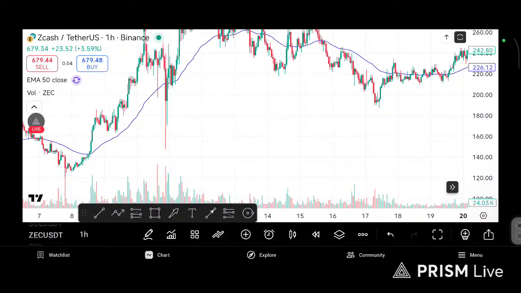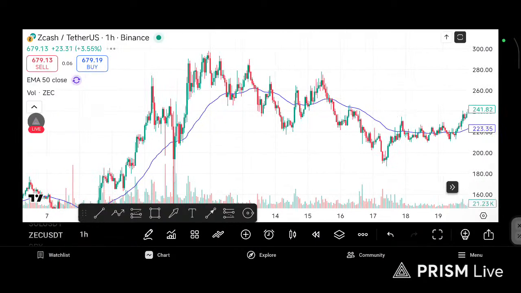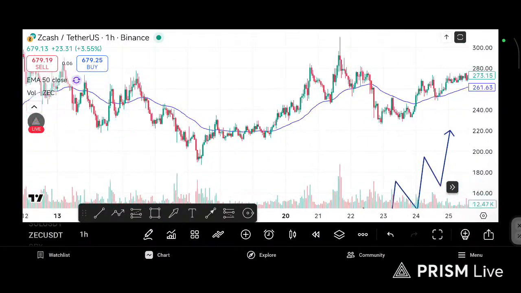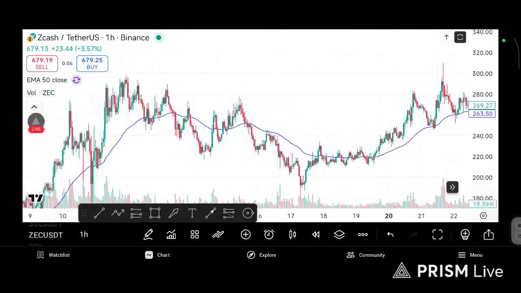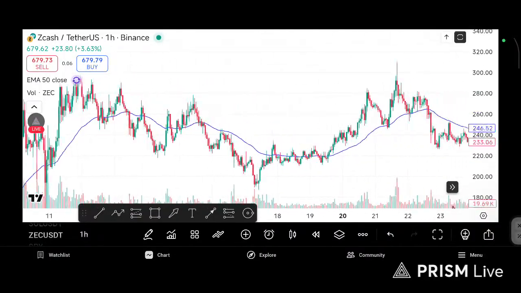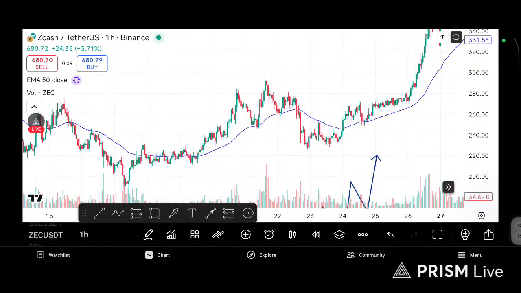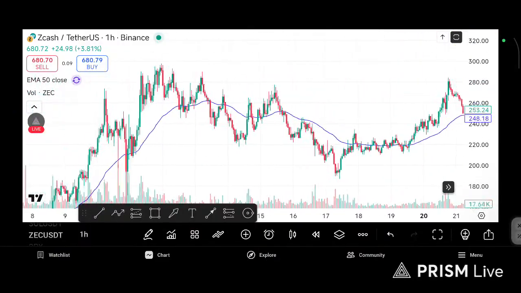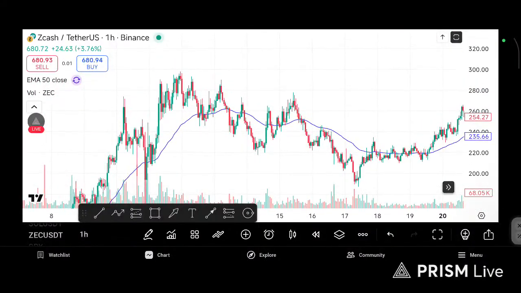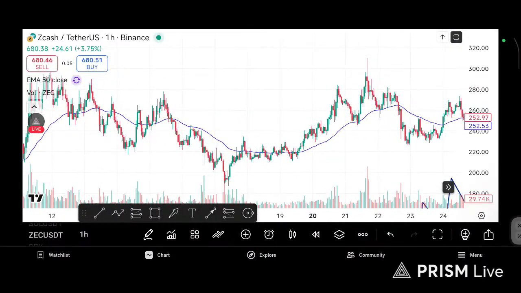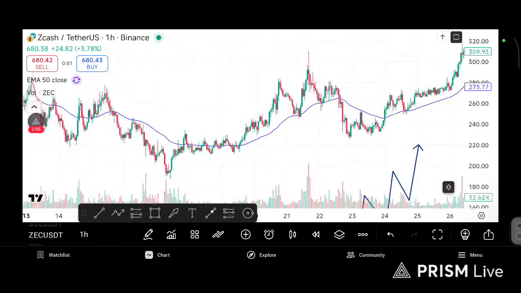You have to wait for confirmations in a trade before you think of going up or anything, because right now, from here, we already know that the market is in an upward direction, right?